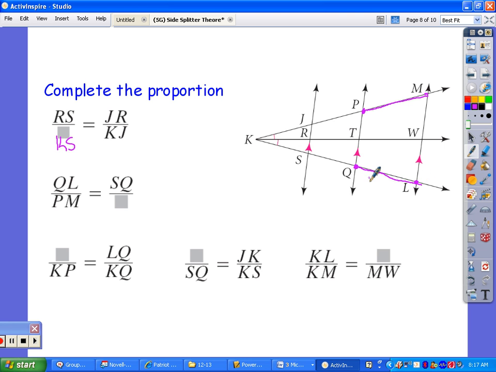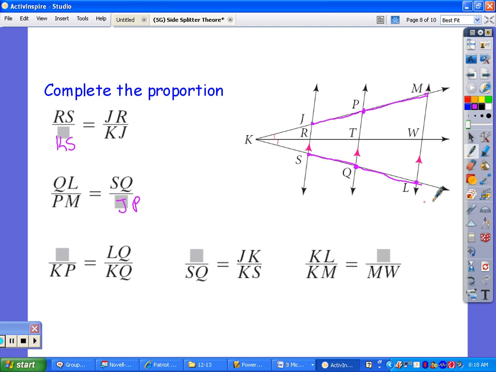And then we have SQ, and so we have 3 parallel lines and a transversal, so we're using the side splitter theorem. So we know that QL over PM has to be equal to SQ, and we have to find out what's the corresponding part to SQ, and that would be JP if we look across. So we're going to put JP here. Okay, so we're just filling in the missing piece of the proportion.